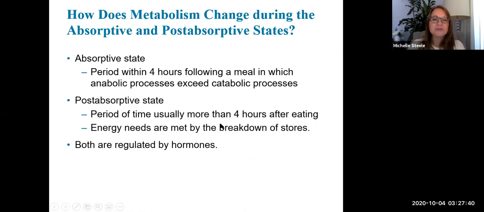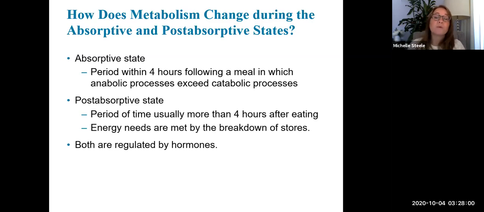Now, I'm going to leave it here before we start talking about metabolic changes in the body. And the reason is because I want you to read the chapter, but take special notes of the concepts that I'm covering and the concepts that I'm not covering.